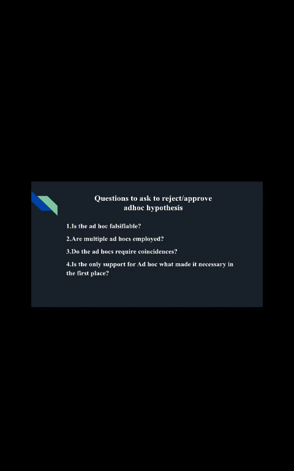When multiple ad hocs are there, we could say there is much evidence to reject the proposal, but they are putting up many explanations or hypotheses so that the project could be sustained longer. So, if there are multiple ad hocs, the complexity of the project will be higher and many problems are there.